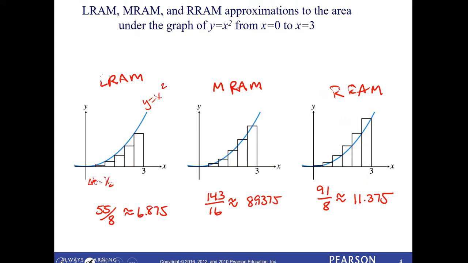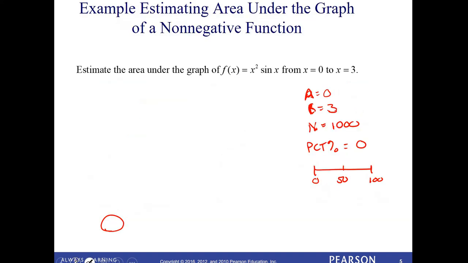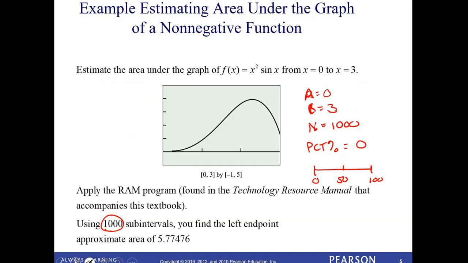One is on the previous screen: show all of your work for left, midpoint, and right. You're going to do that manually without your calculator, hopefully getting the solutions I've provided. And then using that RAM program, see if you can come up with an approximate area of 5.77476 using these entry values when the program prompts you.